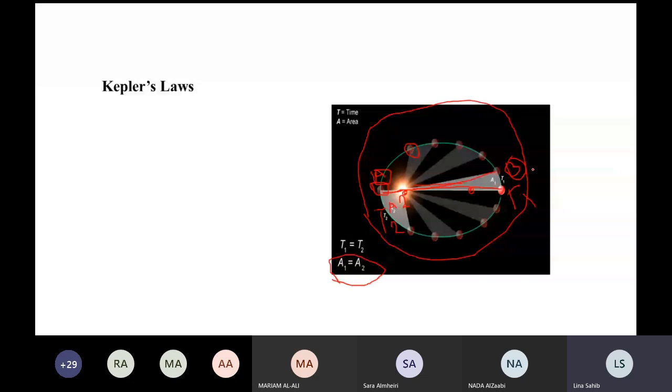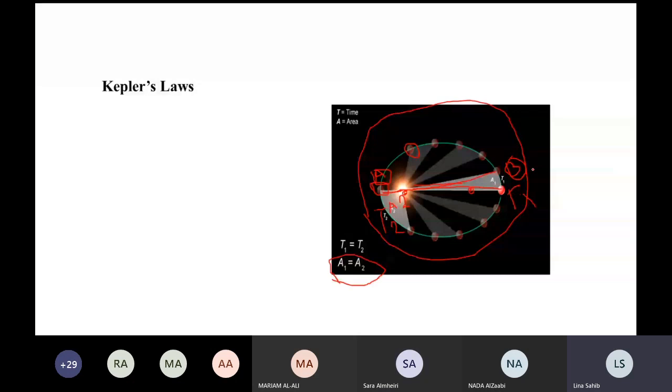So my question here: the time taken to cross A1 and A2, same or different? Different. Think twice. Look, it's kind of the same. Can you see A2?